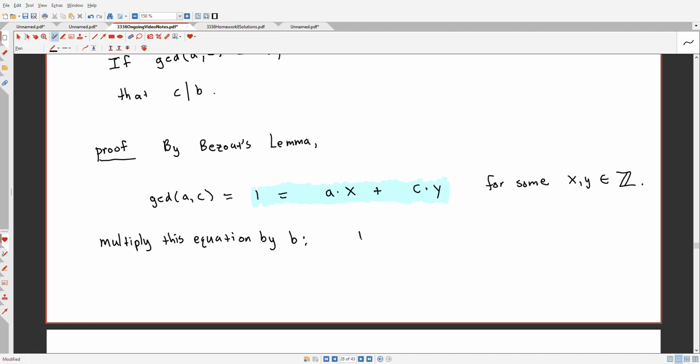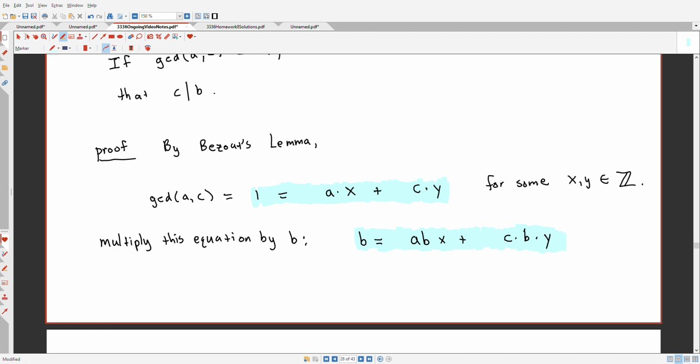So I'll get b times 1 equals b equals a times b times x plus c times b times y. So just to keep us focused on what I really want to pay attention to, I'll keep highlighting this in blue.